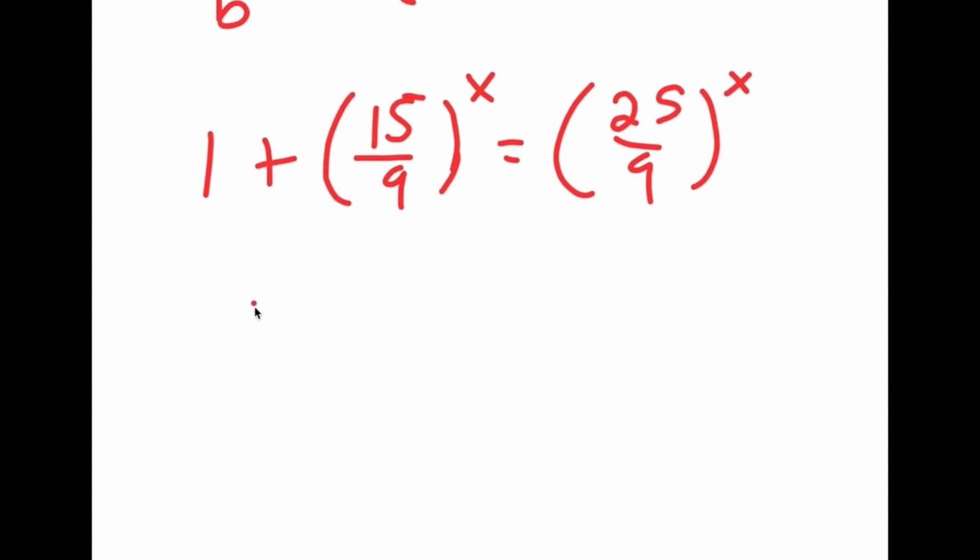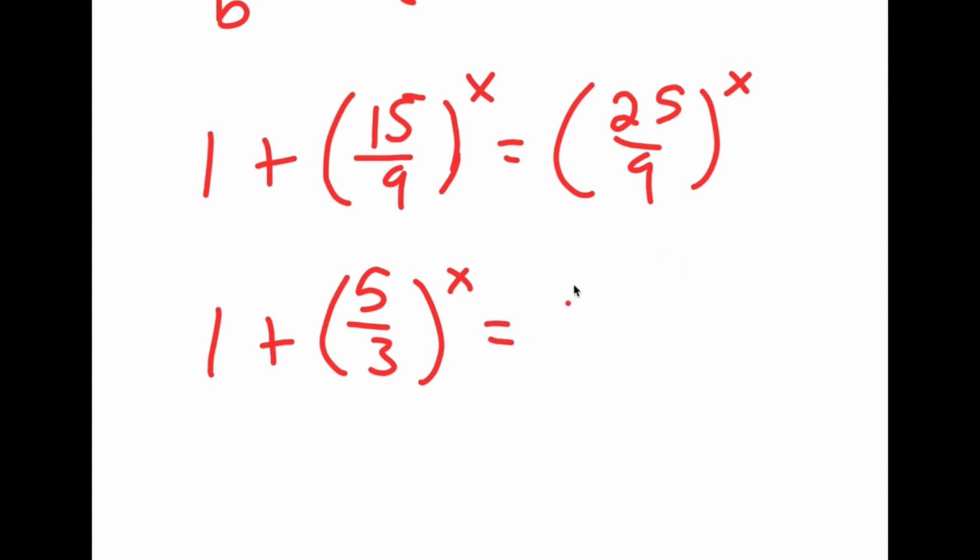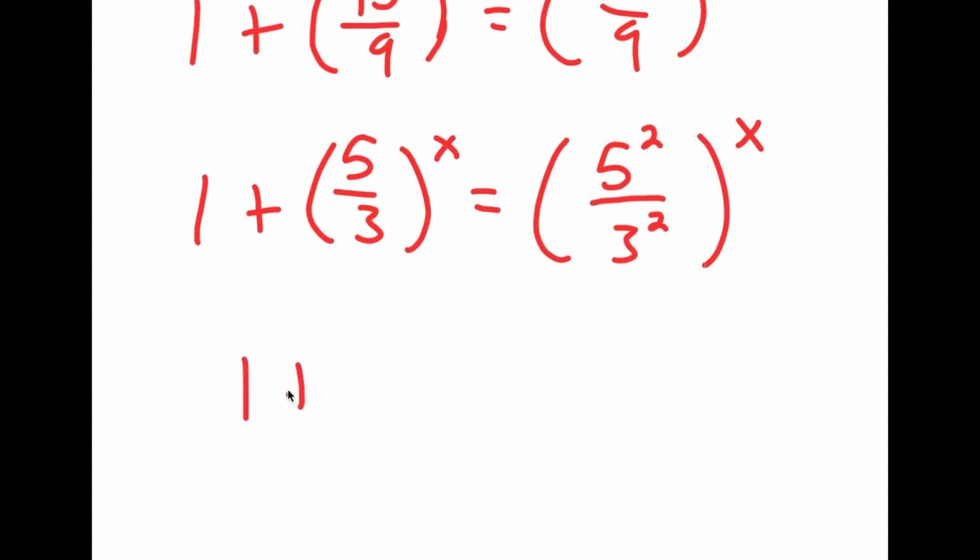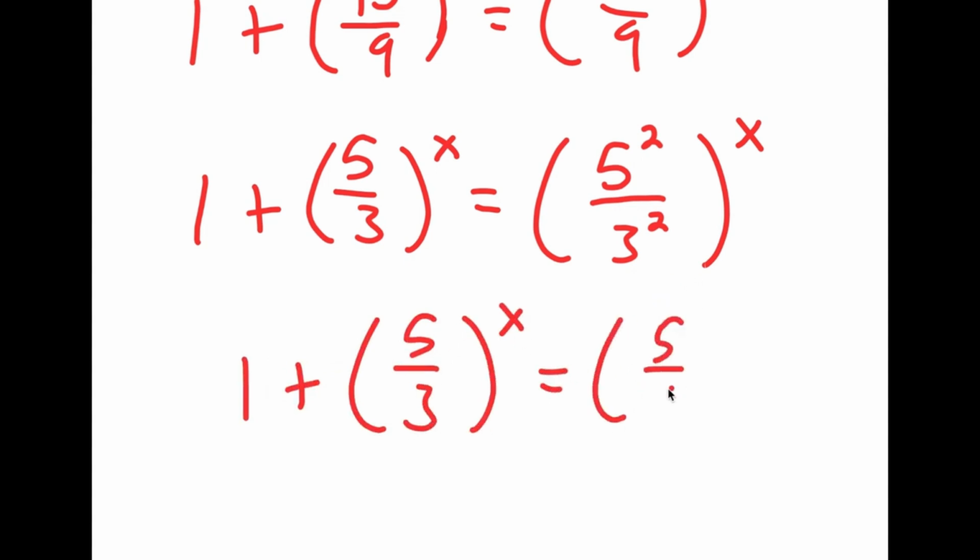And now, 15 over 9 simplifies to 5 over 3. And 25 over 9, that simplifies to 5 squared over 3 squared. So now 5 squared over 3 squared, that's going to equal 5 over 3 squared.